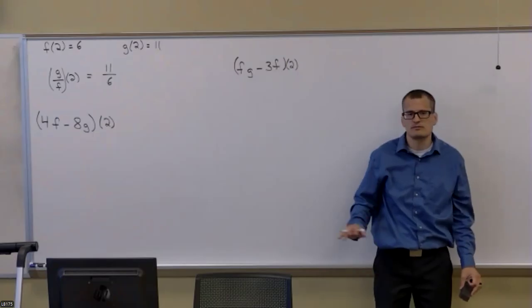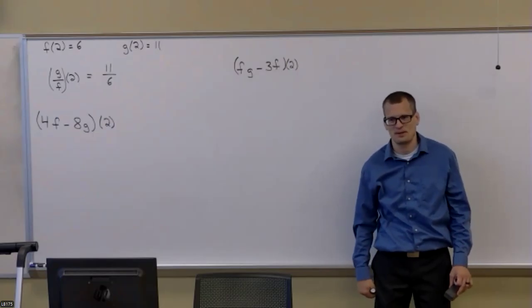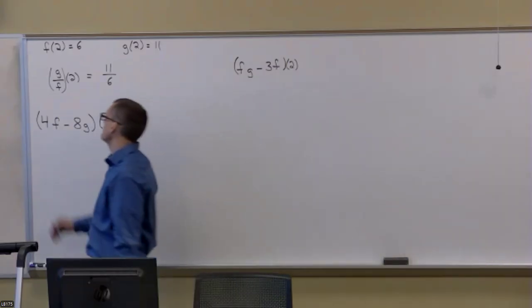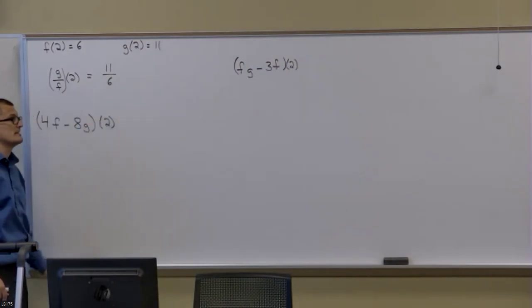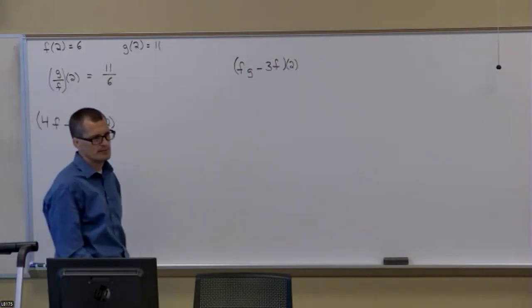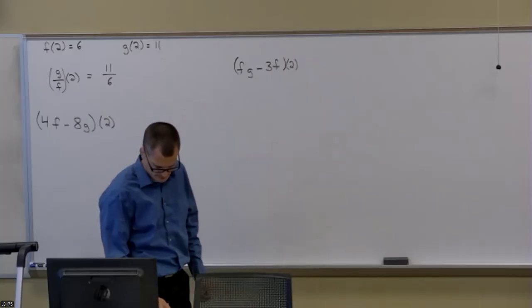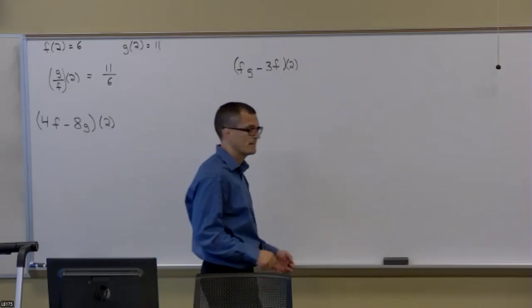But I bet you it's the exact intuition you think. All right, so if I get G over F of 2, that's 11 over 6, and that's like 1.83 repeating, something like that, decimal wise. Let me look it up. 11 over 6, yeah, 1.83 repeating.